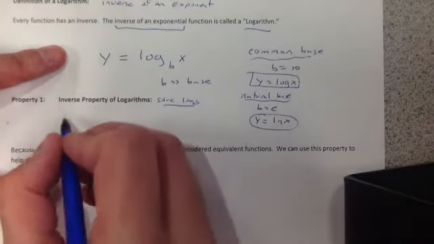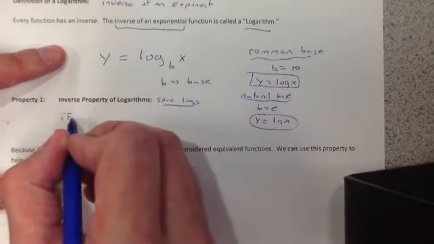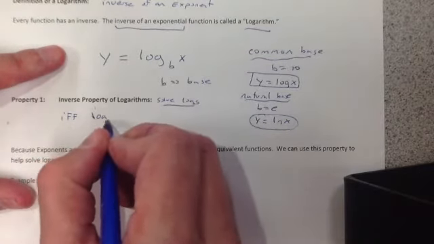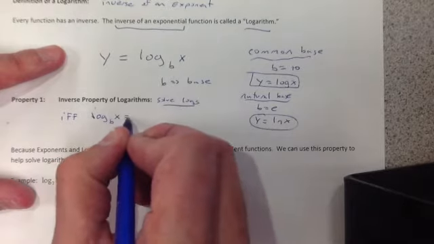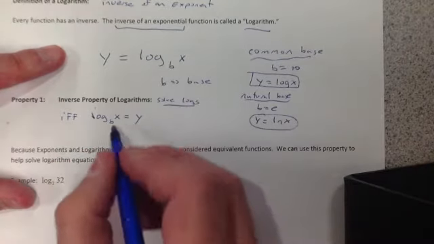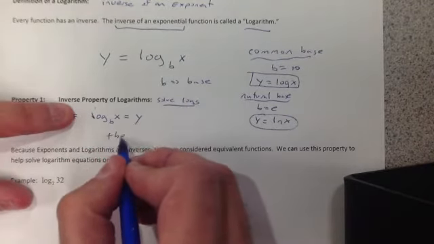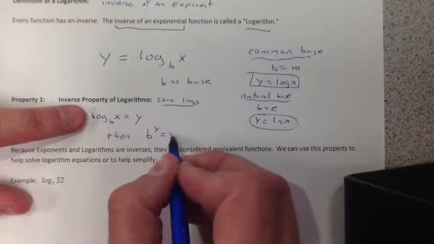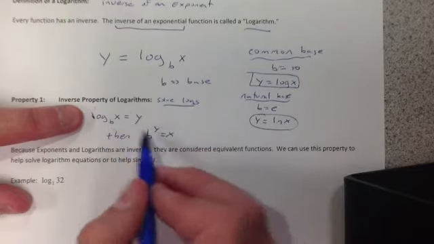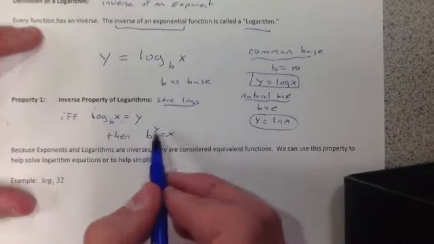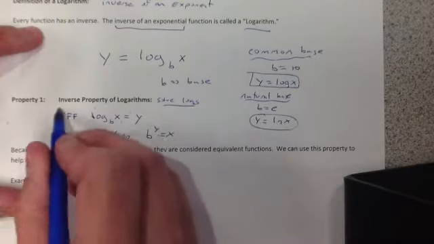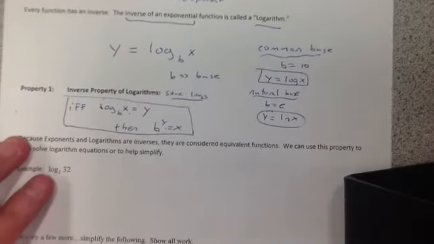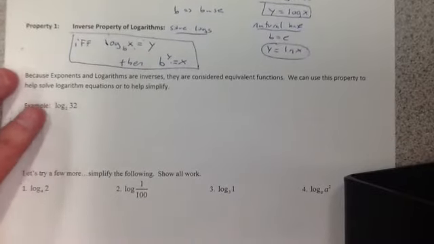It basically says that if the log base b of x equals y, then we can say b to the y equals x. So this is the logarithmic form of an exponent. This is a very important formula, and you will need to have it memorized. But we're going to do enough examples so hopefully it will help.